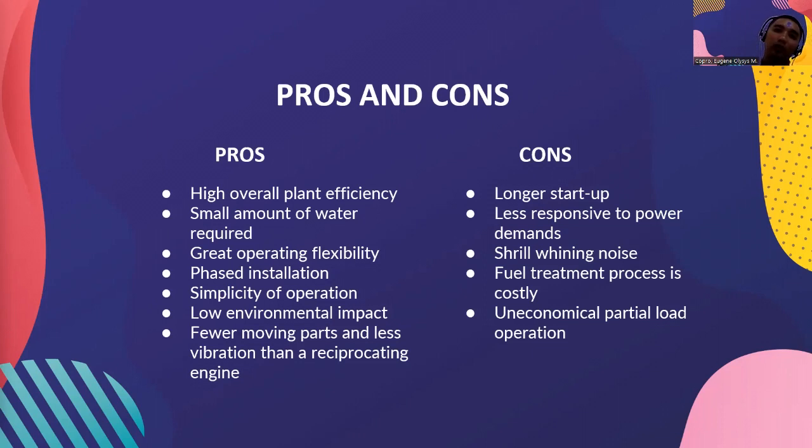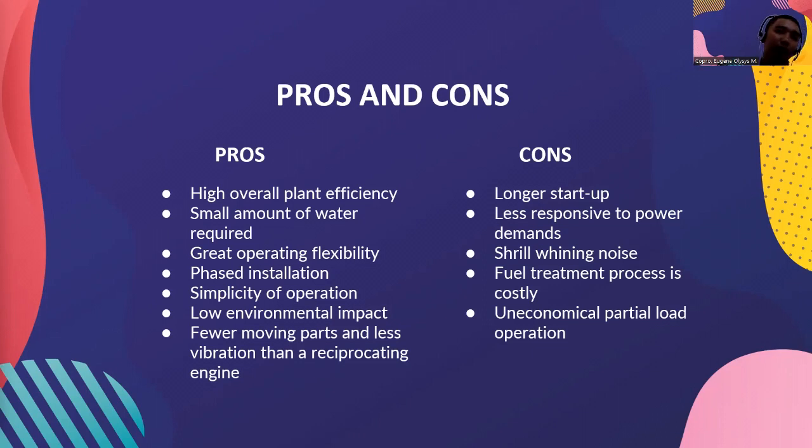And the second pros is small amount of water required because gas combustion turbine requires no cooling, and the overall combined cycle system requires much less water for cooling than traditional steam turbine technologies. And the third pros is great operating flexibility.